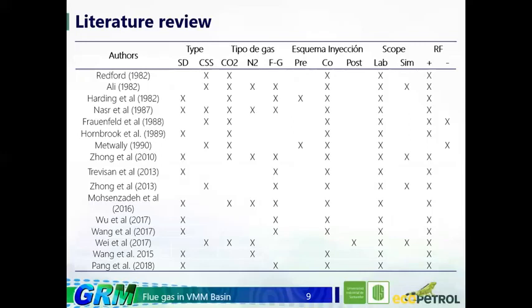About the processes, there is the flue gas. The flue gas is a type of hybrid technique that is made with the addition of not just steam, but also this flue gas that was obtained from the steam generators at the surface.